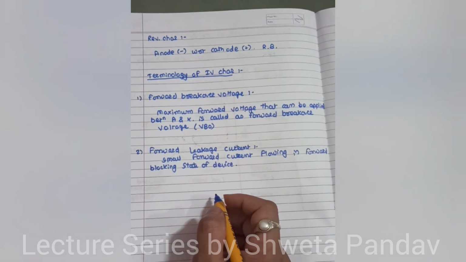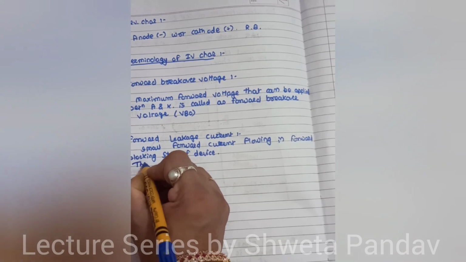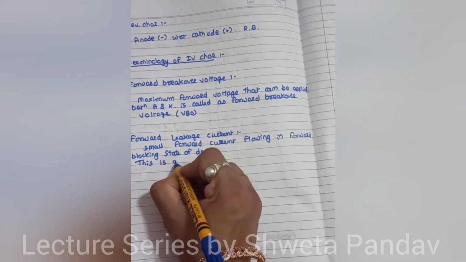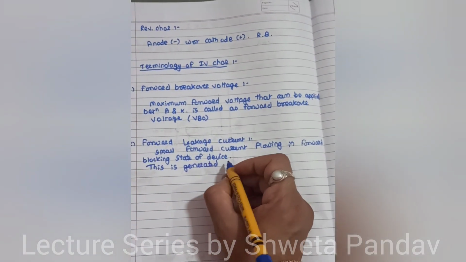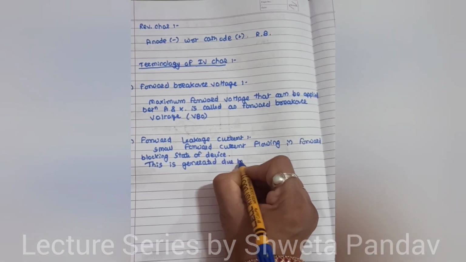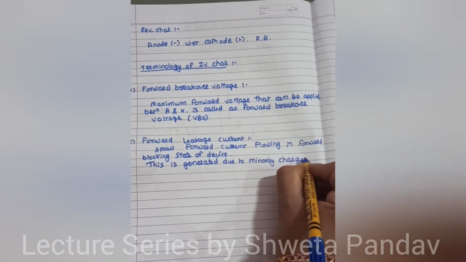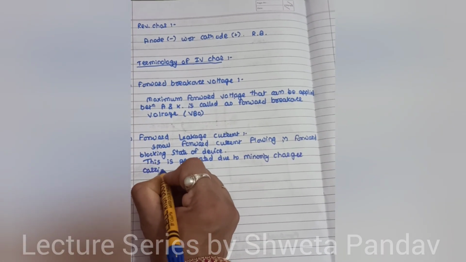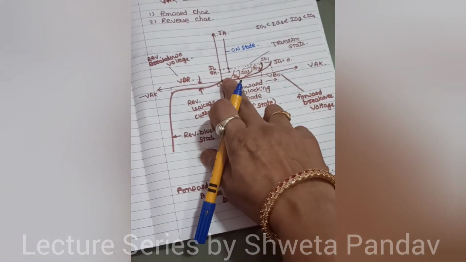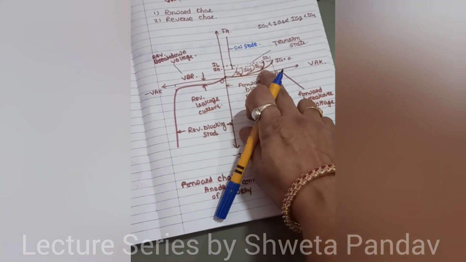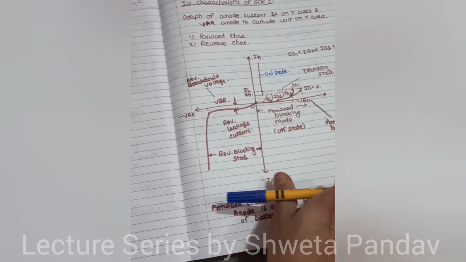And this is generated due to minority charge carriers. In this figure, this is the minimum amount of current, and that current is called as forward leakage current. So this is the second term.